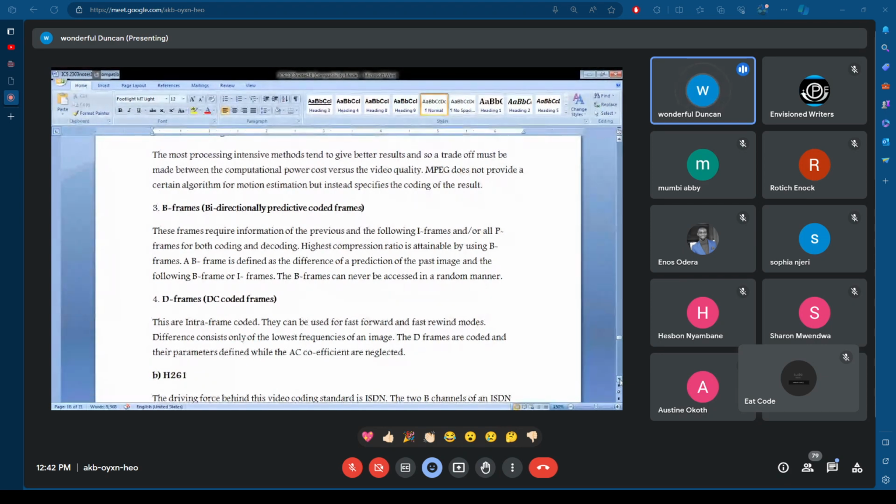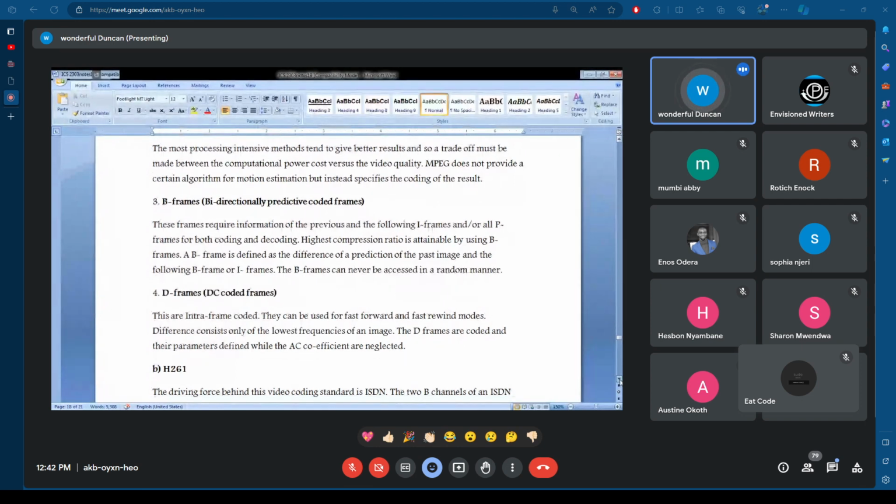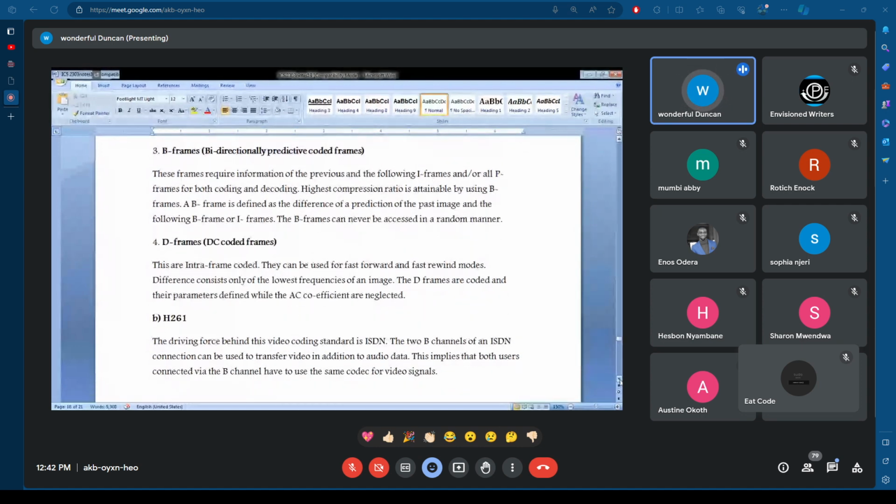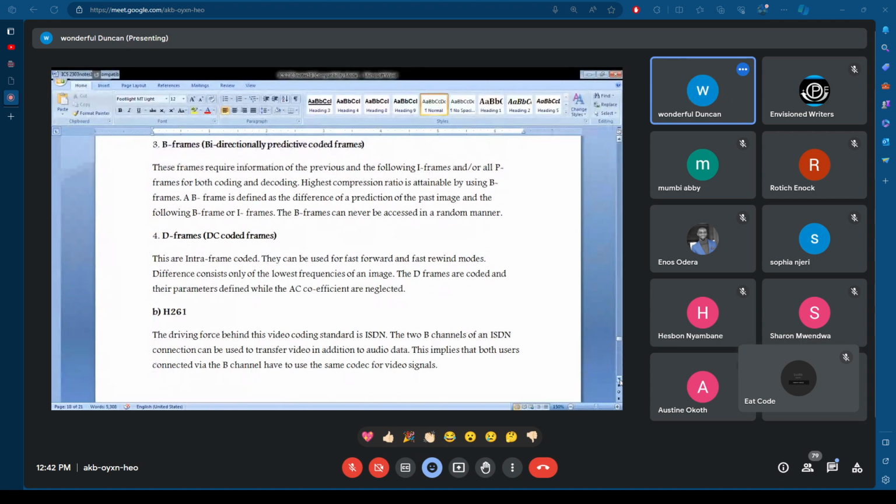Full stop. Continuation. The B frames can never be accessed in a random manner. So they are accessed sequentially, or in order.